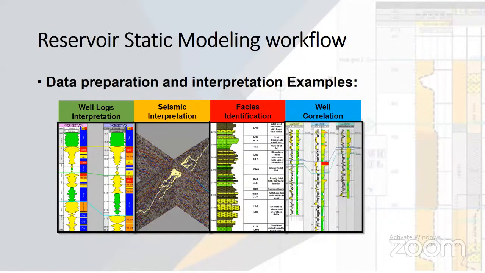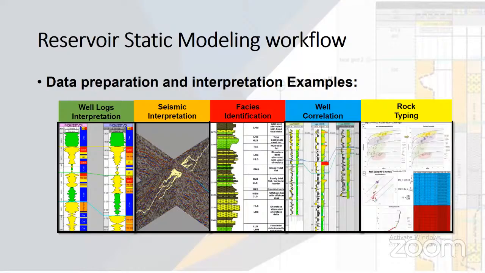What is the meaning of well correlation? For example, to correlate this interval to this interval. If we have two wells, you will say that this interval in the first well is the same as this zone in the second well, and similar to the zone in the third well. So by well correlation, you can track the zone thickness for each well.